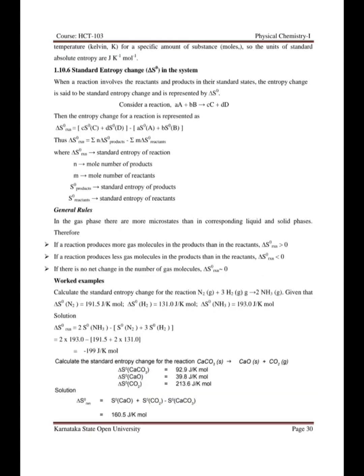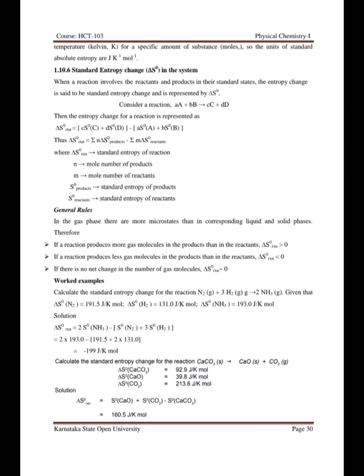Next, standard entropy changes, where delta S naught is the standard entropy change of the system when the reaction involves the reactants and products in their standard states. So the entropy change is said to be the standard entropy.